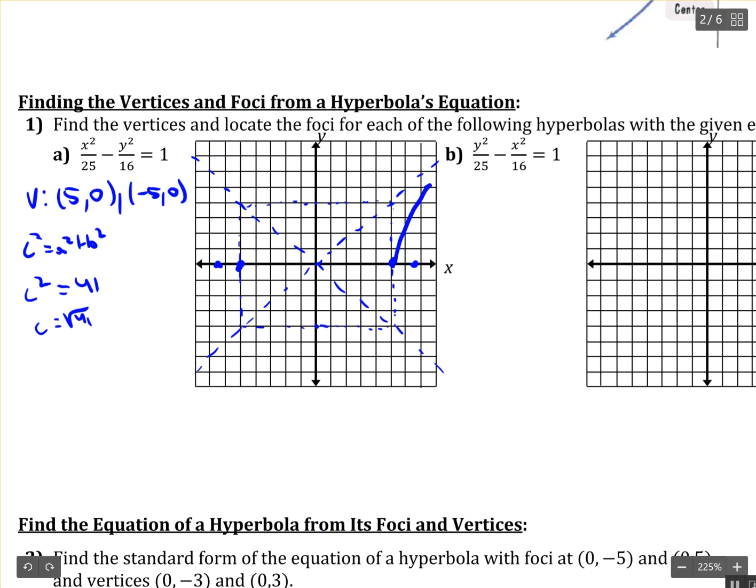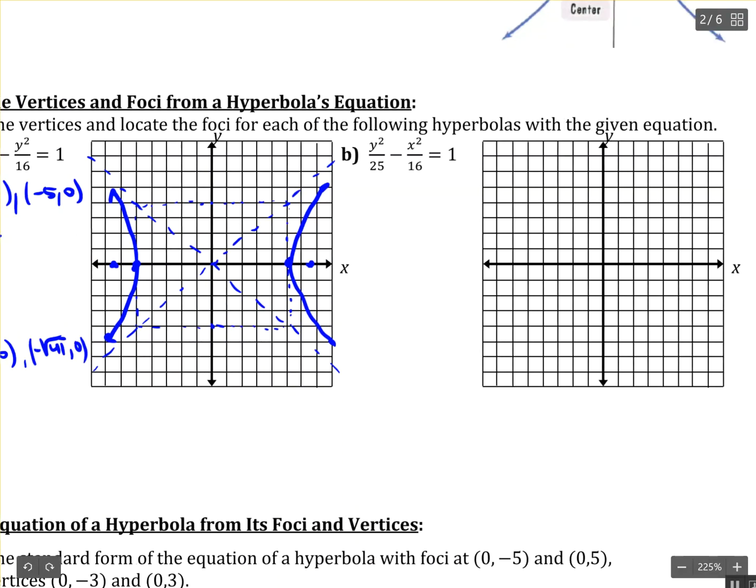Basically, we're not going to have to be super accurate about this. Just draw it, so make sure you're starting from the vertex, not the focus. And draw it, and there we have our hyperbola. I didn't write down what the foci were. Well, we went to the right square root of 41, and we went to the left square root of 41.